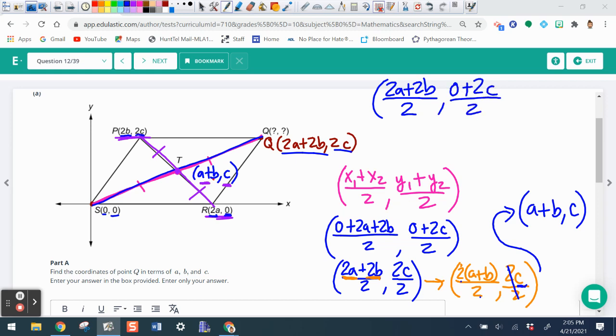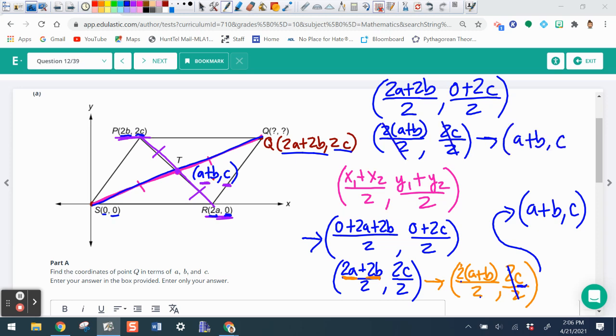And some of you are hopefully already noticing that we're ending up in the same spot that we did right here. So of course we'll factor out that 2 again, and simplify to get a plus b comma c.